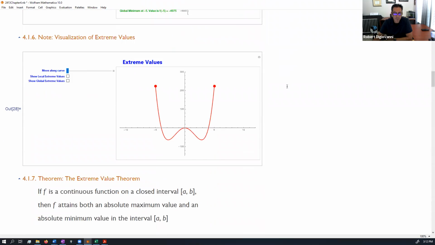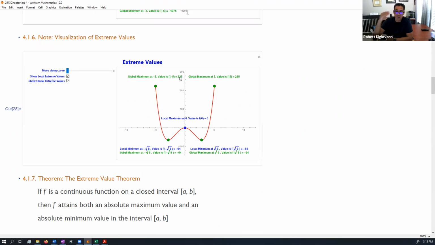This one, let's look at the locals. Local, local, local, and the endpoints are locals. Okay. Now global. If we look at global, we have two global maxes. Well, I should say it this way. The global max is the same: the global max is 225.